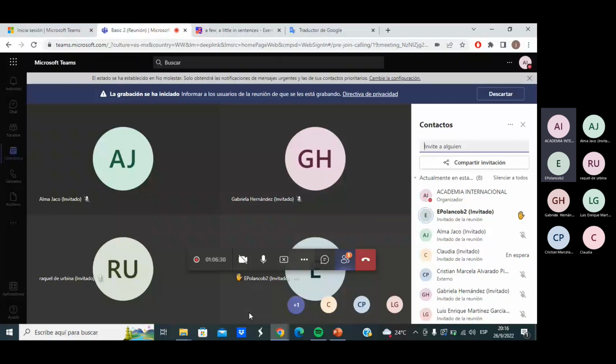Expresan una cantidad grande, ¿verdad? Mucho o bastante. Okay, now a few is used with countable or uncountable nouns? Countable. Yeah, that's correct. Now, a little is used with countable or uncountable nouns? Uncountable. That's correct. Very good.